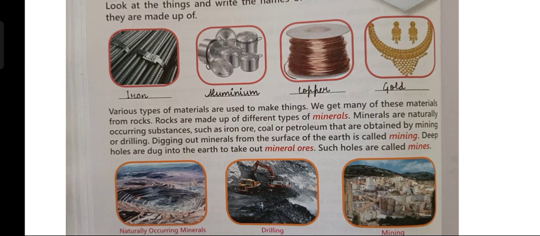Rocks are made up of different types of minerals. Now, some examples of minerals are iron ore, coal, and petroleum. So, children, these are some minerals which we get by mining or drilling.